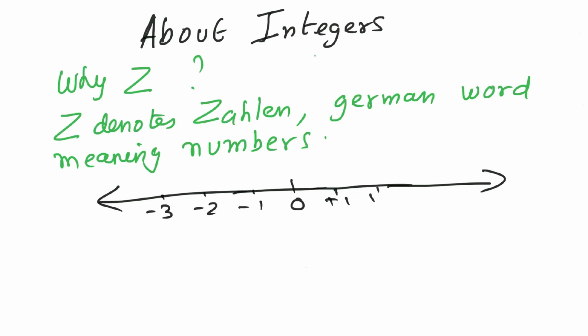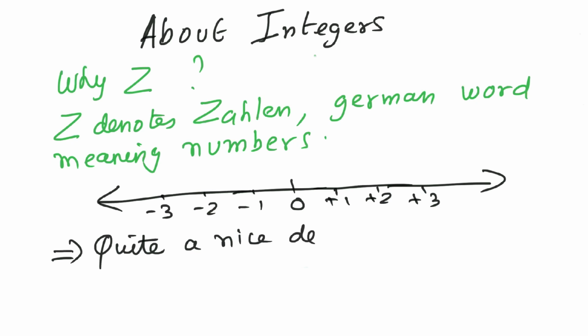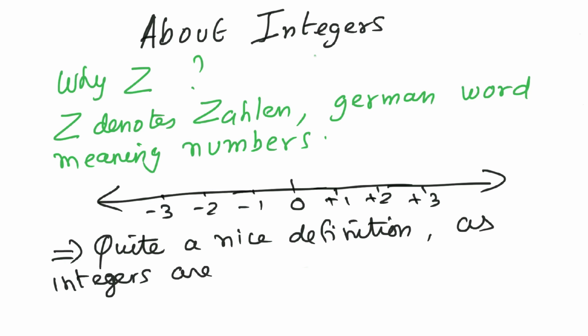You can easily see that none of these numbers have any decimal part or a fraction. So they are something like whole numbers. They are something like a number without a tail, a number without something extending. So in that aspect, denoting Z for the set of integers is quite right.